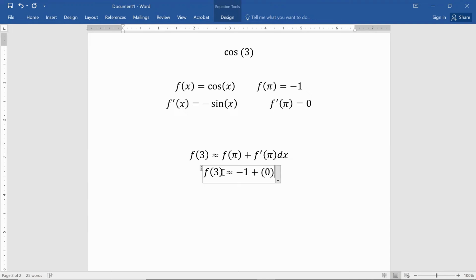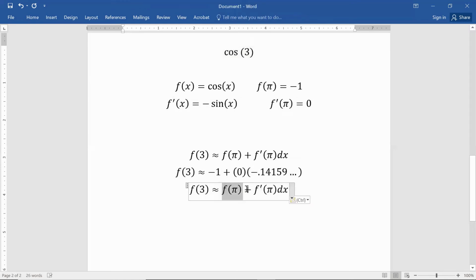Now, in this case, because we have 0, it's not that big of a deal, but notice that 3 versus pi, if you take 3 minus pi, you're going to get a negative 0.1415926, etc. This is telling you that f of 3 is approximately -1. And that's, on your calculator, not very far off.